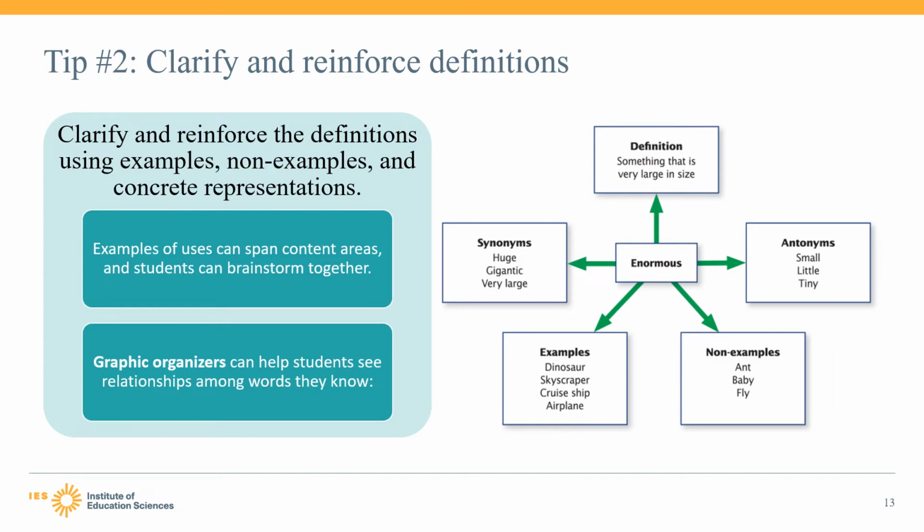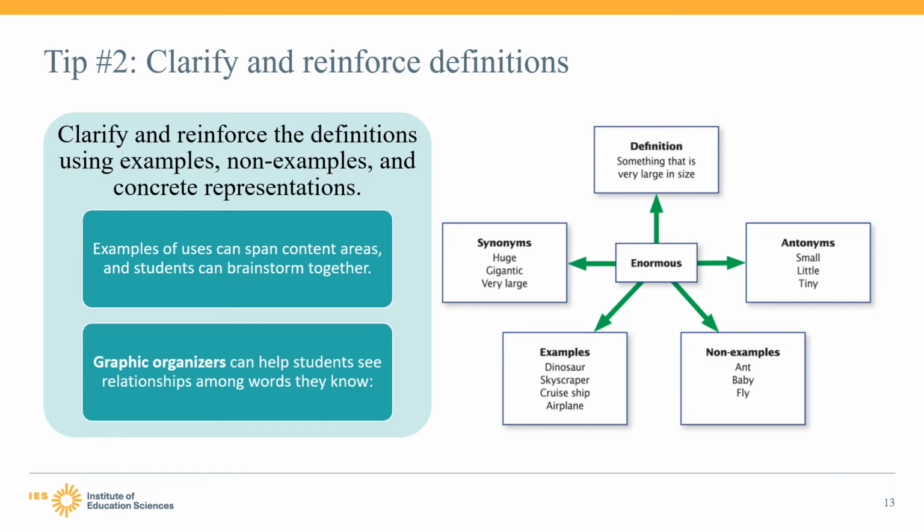So things that would fall into the category of enormous objects are dinosaurs, skyscrapers, and cruise ships, and non-examples might include ants, babies, and flies. Now this is interesting here because these are examples of things that are either enormous or not, but it can get more complex as you move to more abstract words and different kinds of categories.